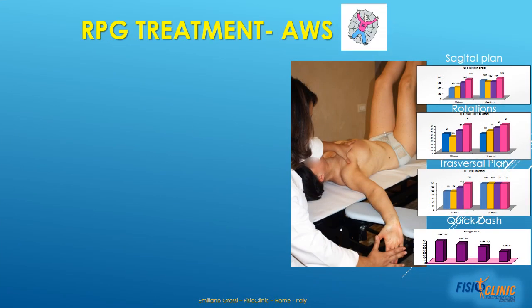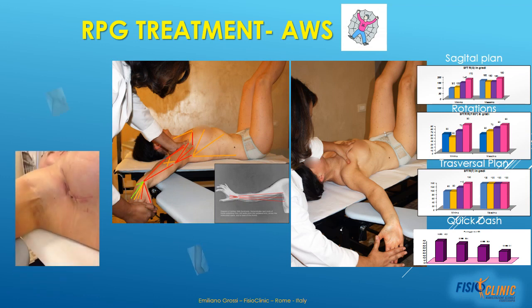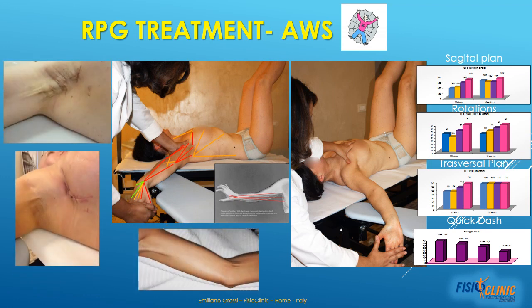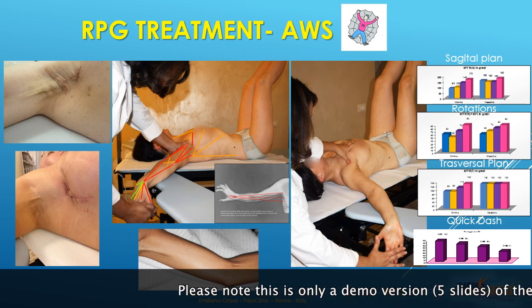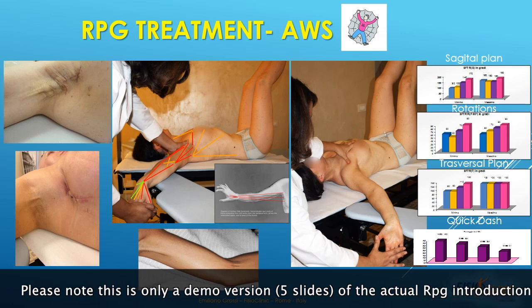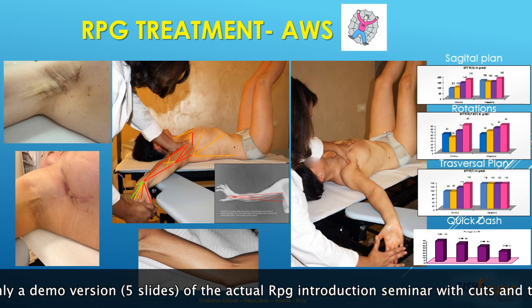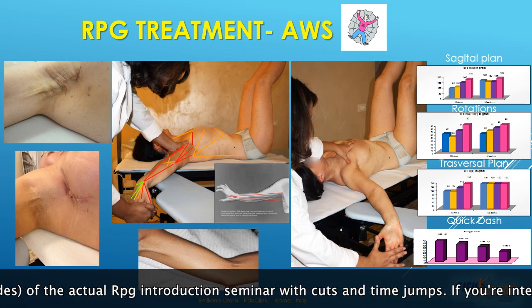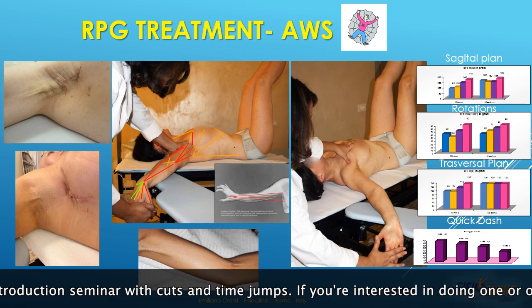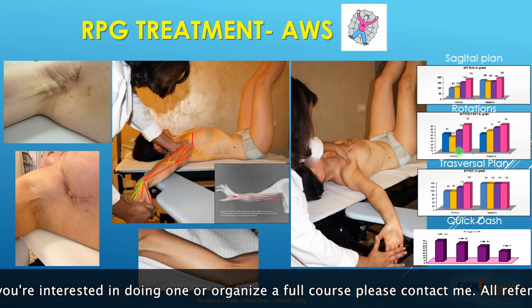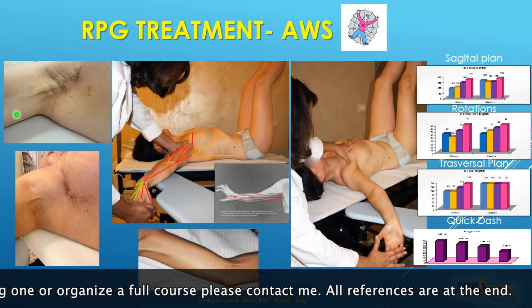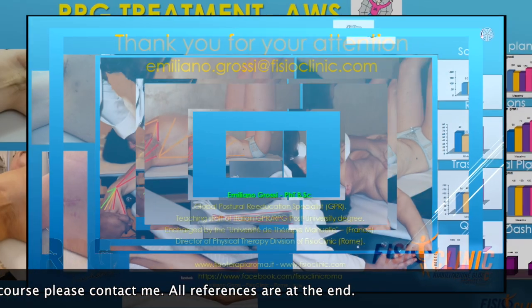Just to show you other kinds of alterations we can treat: not only postural, as we saw in little kids in the previous slides, not only articular or spinal or of decompression like discal hernias as we already saw in other slides, but actually any case where there is the presence of tension alterations of a lot of fibrous structures.